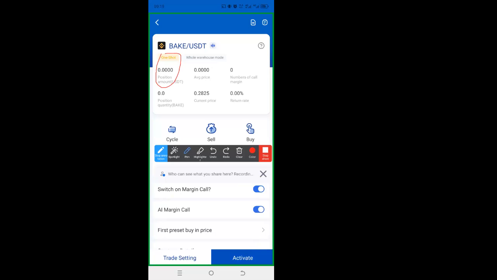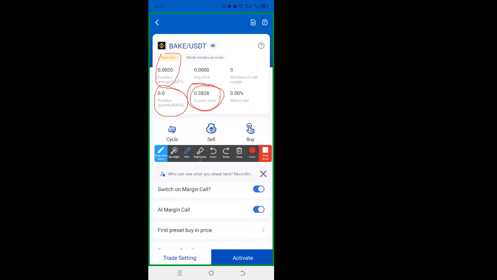It reflects the amount of back that you have bought. Here is the current price that we are entering this market. We are entering this coin called back when the price is at this amount.